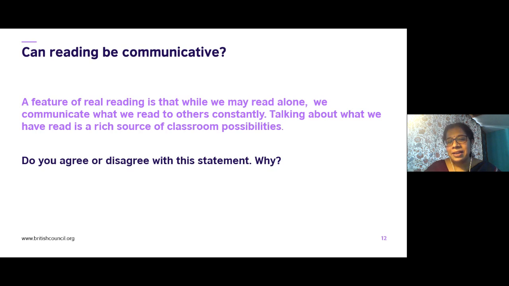Please take a minute to read the statement and let us know in the chat whether you agree or disagree with this statement. So on your screens, there is a statement about reading. We want you to read that and let us know whether you agree or disagree.